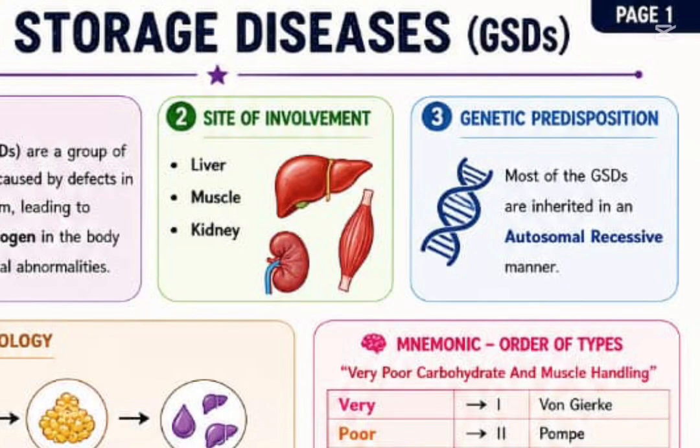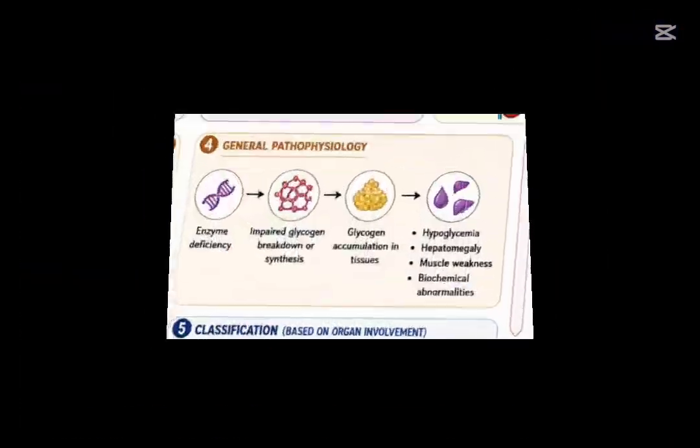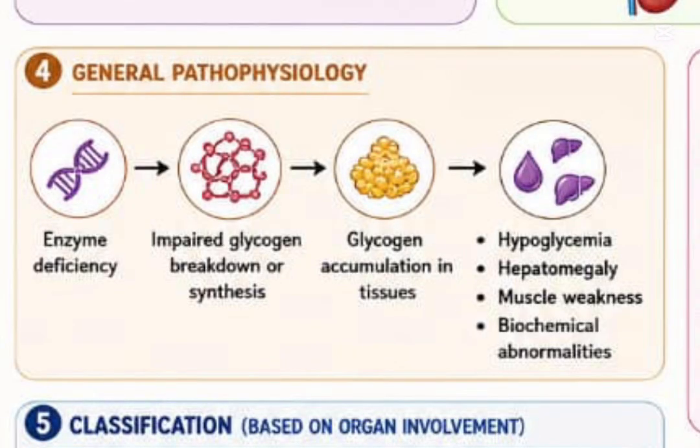So what is the chemical pathology of this case? How does it happen? When there's a deficiency of the enzyme, first there must be a mutation in the gene that codes for the enzyme. So when there's a mutation in the gene that codes for the enzymes, your body will not be able to break down glycogen. There will be impaired glycogen metabolism.